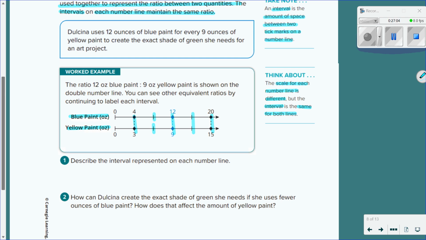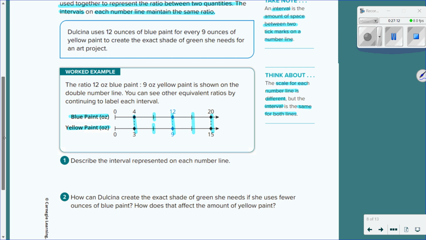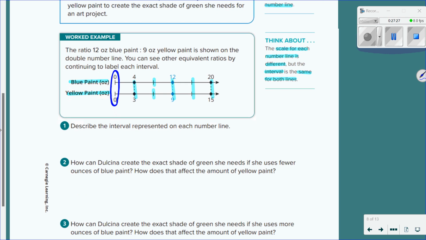Our double number lines are always going to start at 0. So the first interval should always be 0, 0. If you do these things, your double number line will make sense. If you skip any of them, then it's not going to work out very well.